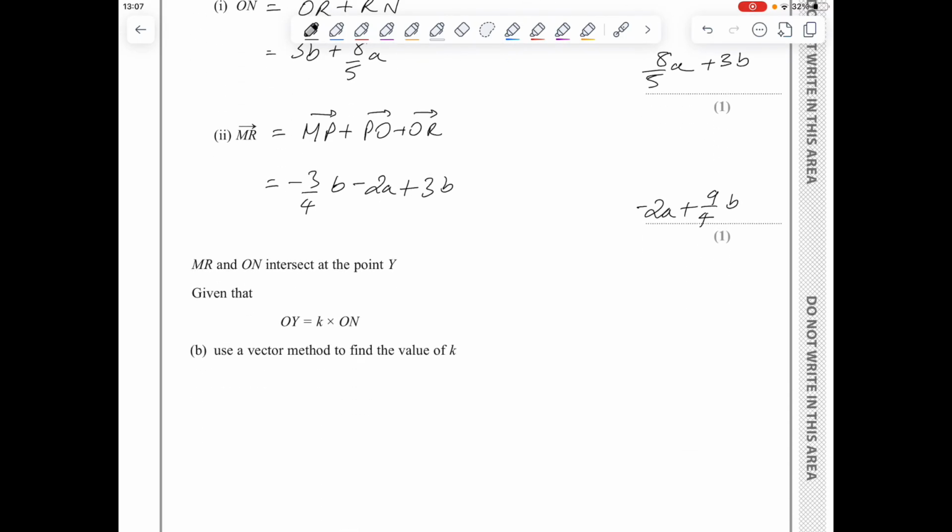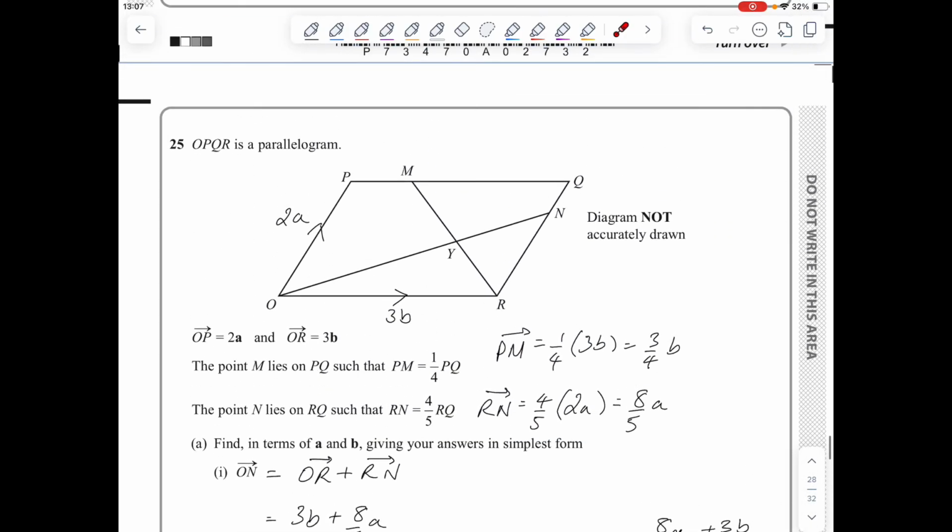For the last part, I'm given that OY is equal to k times ON, where k is a fraction. So if I go to my shape, OY is this one, that's k times ON. So let's put a k there.